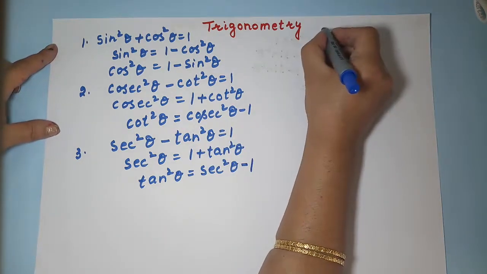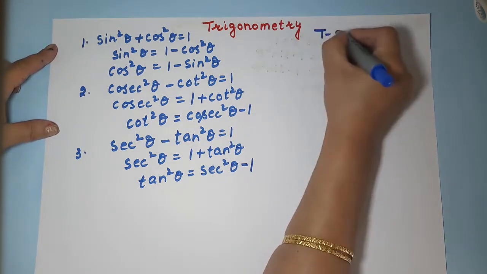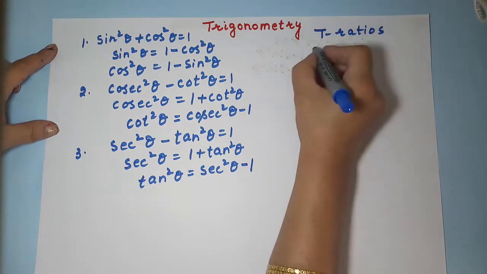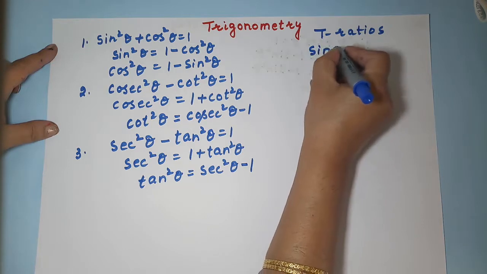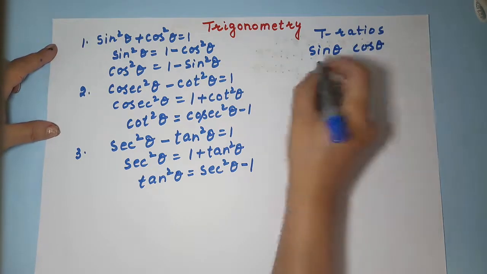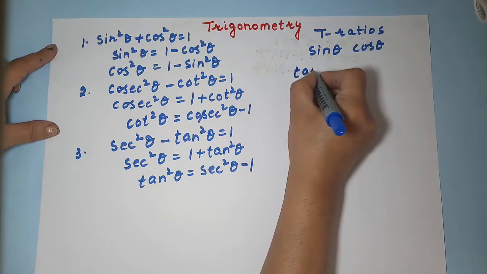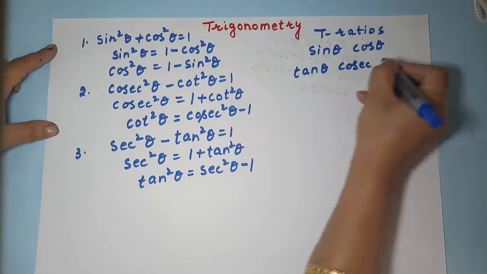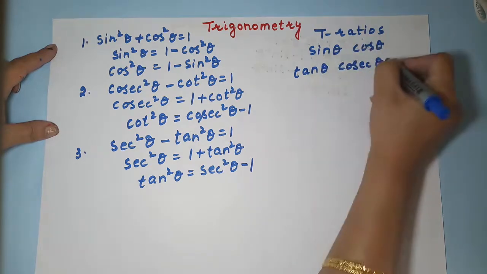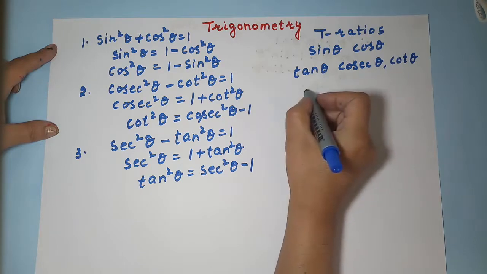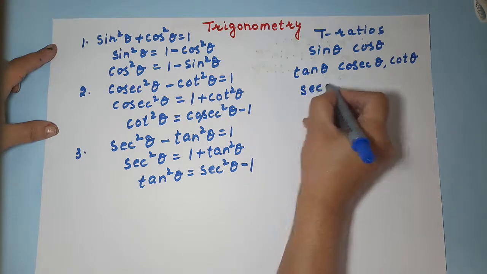Conversions. Your basic T ratios, T ratios means trigonometric ratios, are sine theta and cos theta, right? Now you have tan theta also, you have cosec theta, we have 6 T ratios, you have cot theta, and you have sec theta, right?